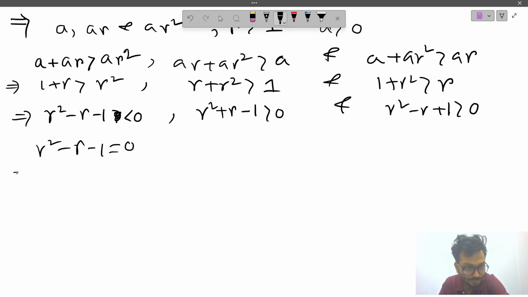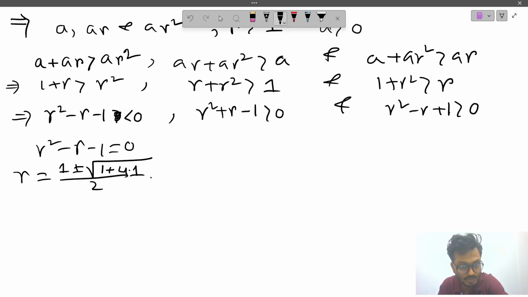So r equals 1 plus minus root of b² minus 4ac, divided by 2a. So this will be 1 plus minus root 5, whole divided by 2.